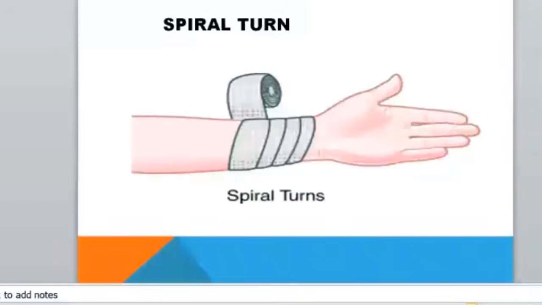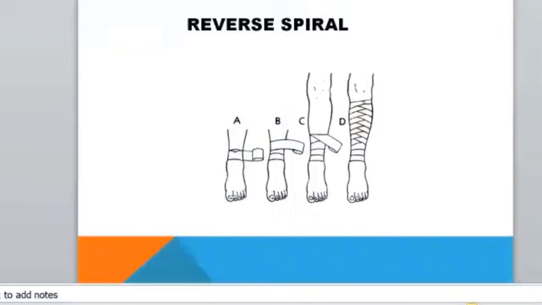We have another one. So can I change it now? We have another one that is reverse spiral. So look at it. Reverse spiral. You can also use it for the wrist. You can use it for the forearms. So that's an example of reverse spiral.